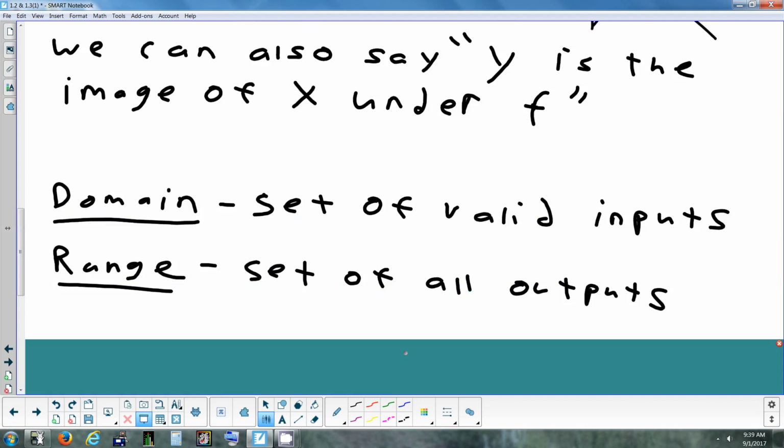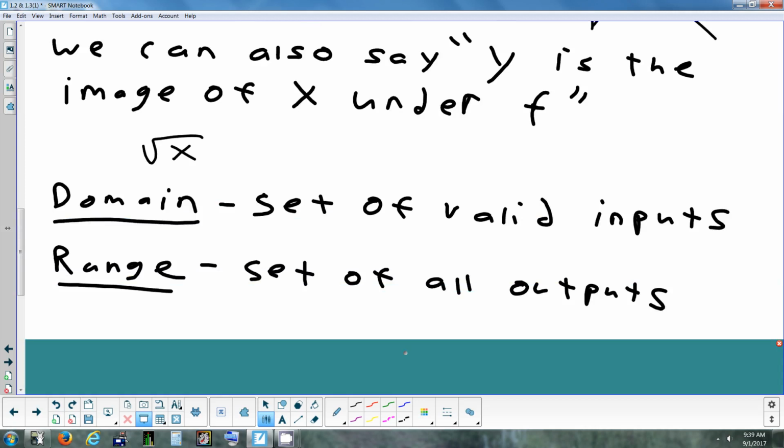Okay, so we kind of mentioned this earlier, domain and range, but I want to stress the point that you're not allowed to plug every single number into every single function. For example, this. If you're dealing with real numbers, what values of x are you allowed to take the square root of? Yeah, Sam?